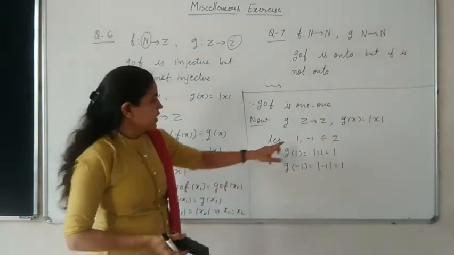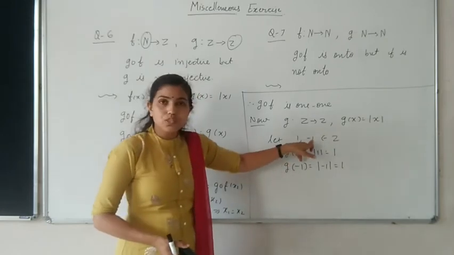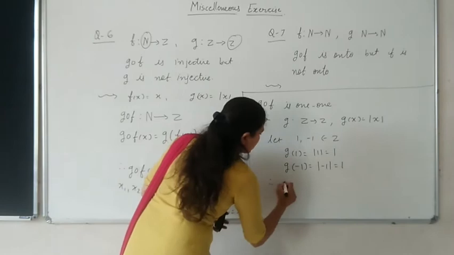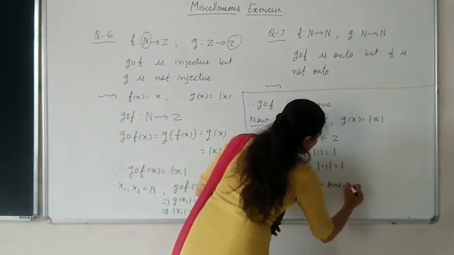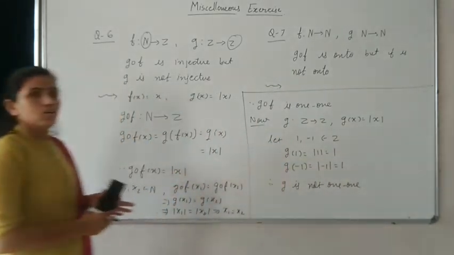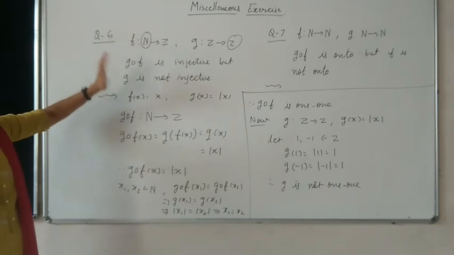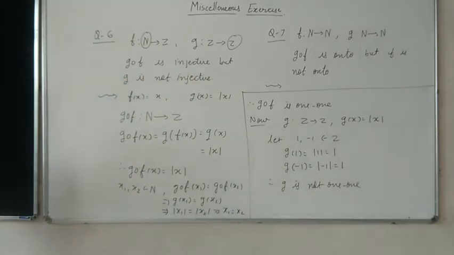So what are we getting? x1 and x2 belong to Z, where x1 and x2 are different, but their images are the same. Therefore, g is not 1-1. So this is the example of functions where g composition of f is 1-1 but g is not 1-1. You may note down this in your notebook.